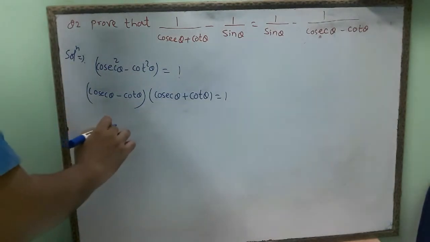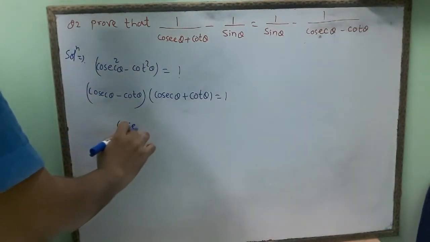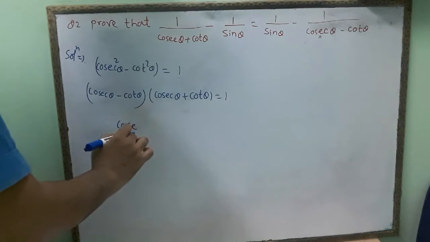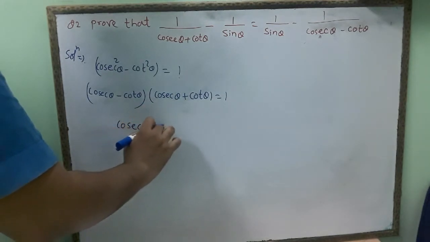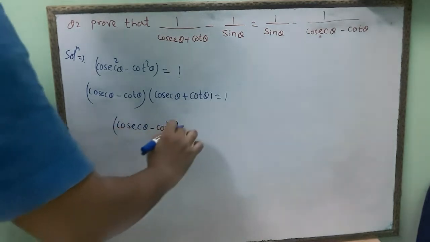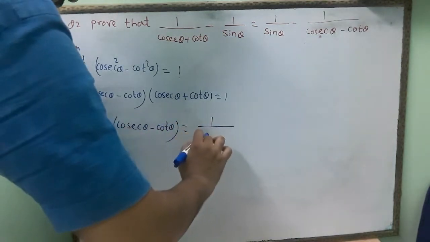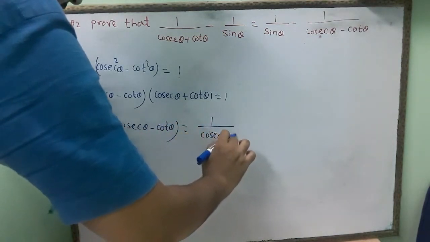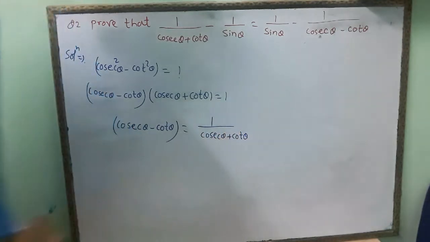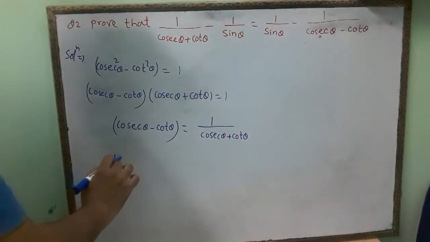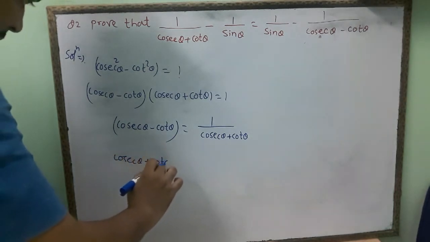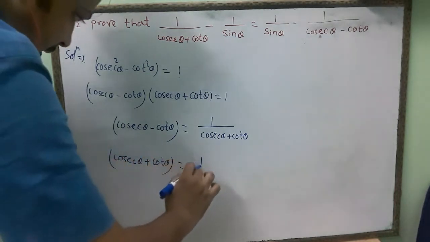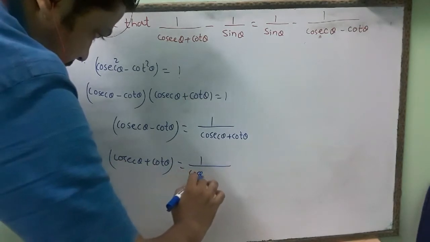So we can write cosec theta minus cot theta as 1 by cosec theta plus cot theta, no need to go through the rationalization process, or we can write cosec theta plus cot theta is equal to 1 by cosec theta minus cot theta.